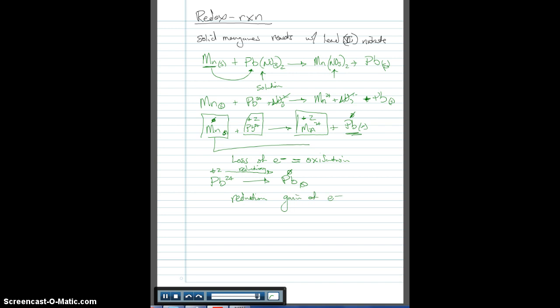And that's how we use this. Sometimes it's not so easy just to look at atoms or molecules and see who is being oxidized and who is being reduced. So we have to use the oxidation numbers, and we'll do more practice on this tomorrow in class. And that's the end of today's lecture.